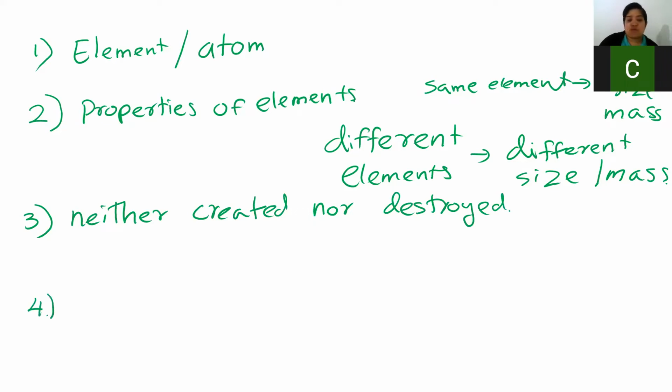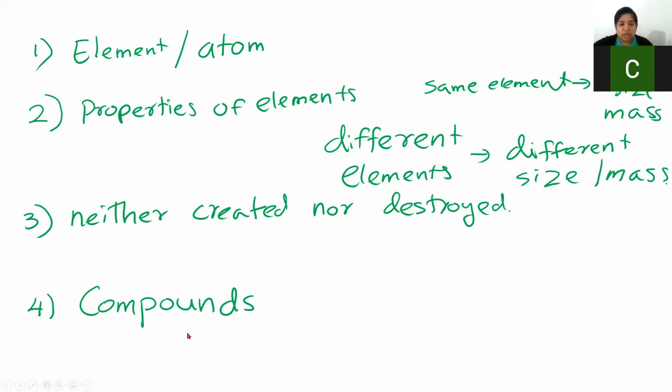And his fourth point was about compounds. So it was about having simple numerical ratios when forming a compound.